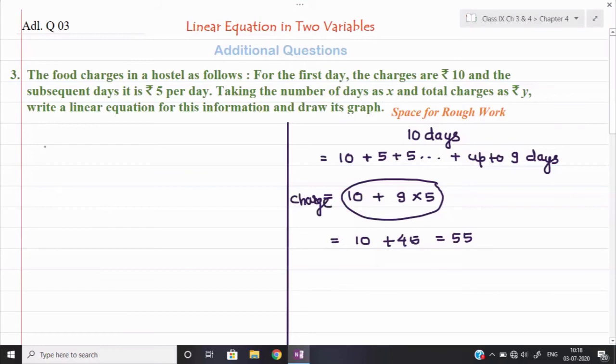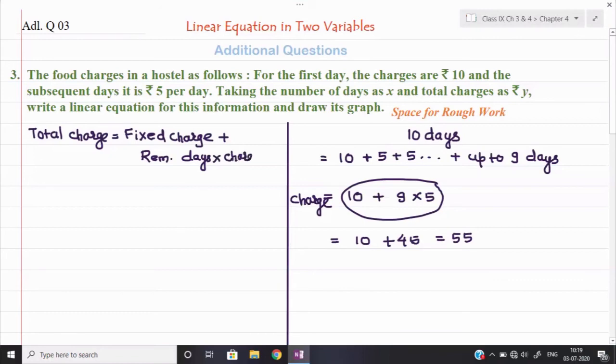So I will write down here first of all, total charge will be equal to the charge for the first day, that I will say fixed charge, plus the remaining days, multiplied by charge per day.